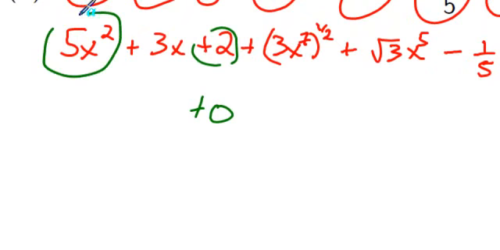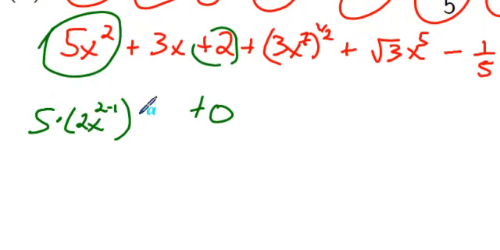Here I use the constant multiplier rule, so I'm going to have 5 times. Then I'm going to use the power rule, so I'm going to drop down that 2 and subtract 2 minus 1 up top. And then obviously my 3x, derivative of 3x, because that has an invisible 1 up there, drop that down, that's going to be 3 times 1, and then x raised to the 0 power, 1 minus 1.